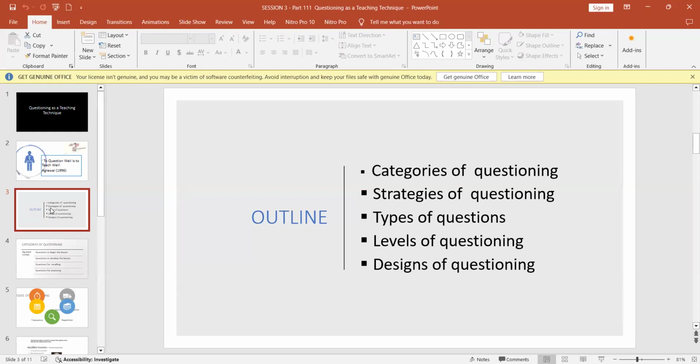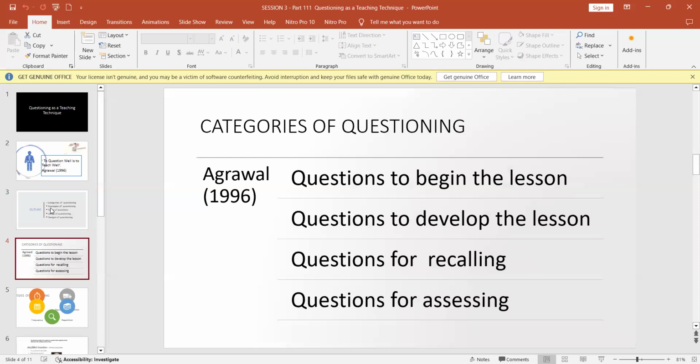Right. So let's see the first one. Categories of questioning. So Agrawal, in his research study, as findings of the research he has done about teachers' questioning, identifies 4 categories of questioning.